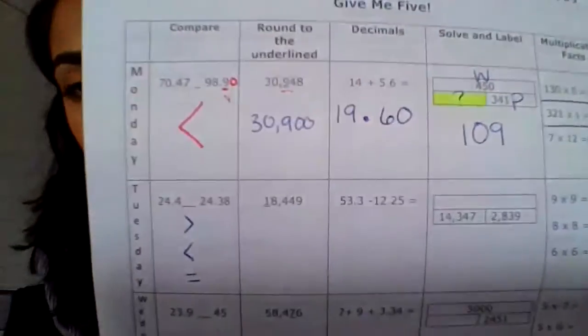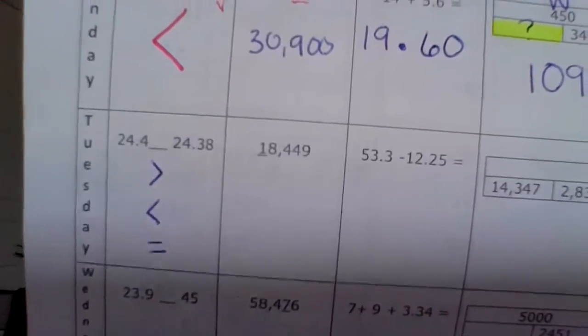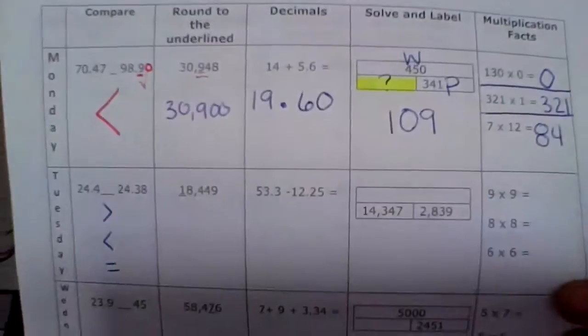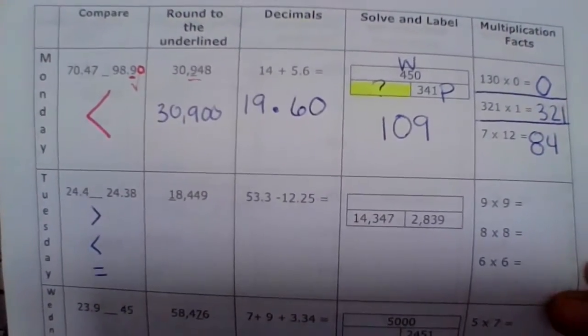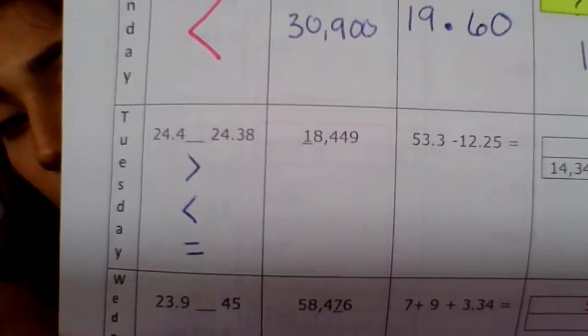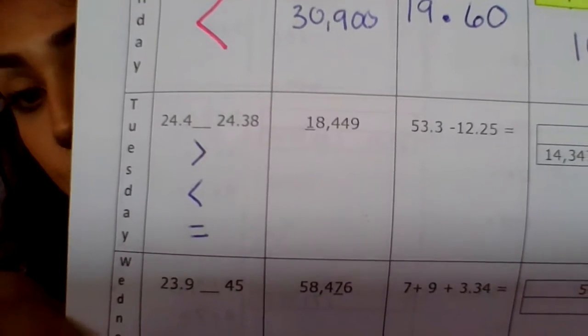They want you to round to the underlined place value. Well, for this question, what place value do they have underlined? That's right. They have the 10,000 place value underlined. So they want you to either round, let me get my eraser out. They either want you to round down to 10,000 or round up to 20,000.